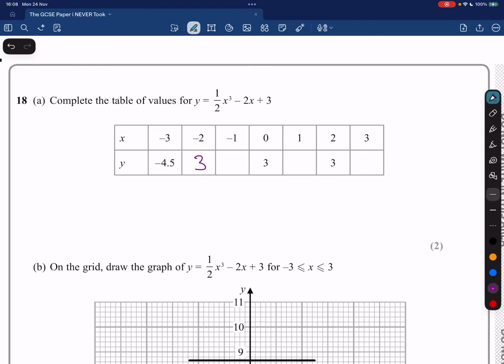We just need to keep on going, plugging in the numbers again. Minus 1. Okay, y is 4.5. Let me just put 1 in. y is 1.5. Finally, 3. 10.5.